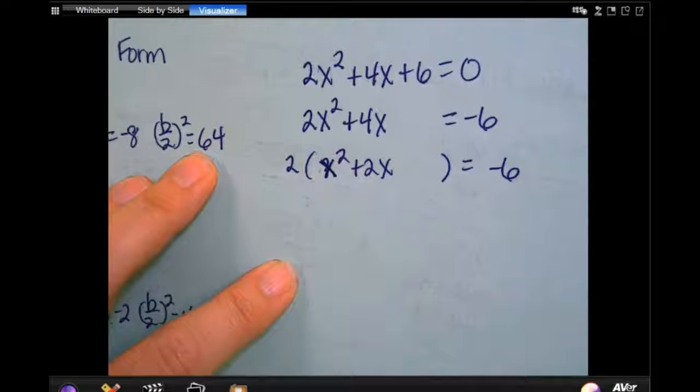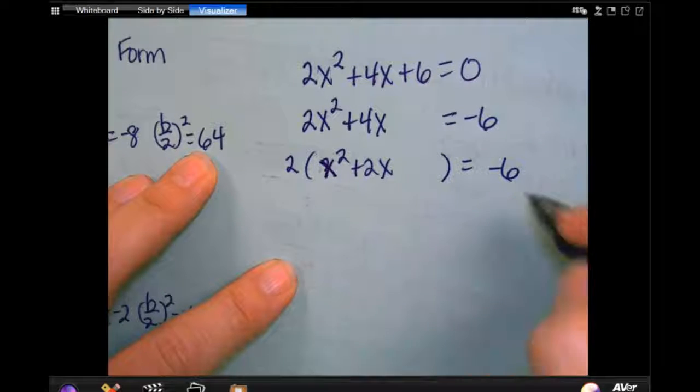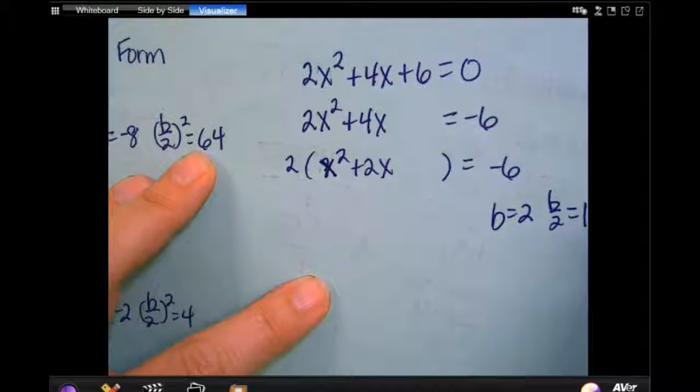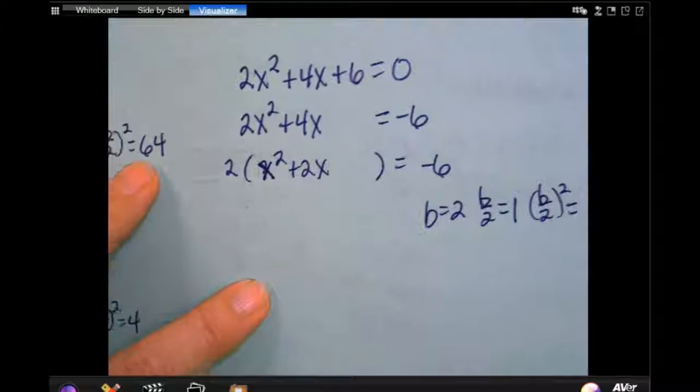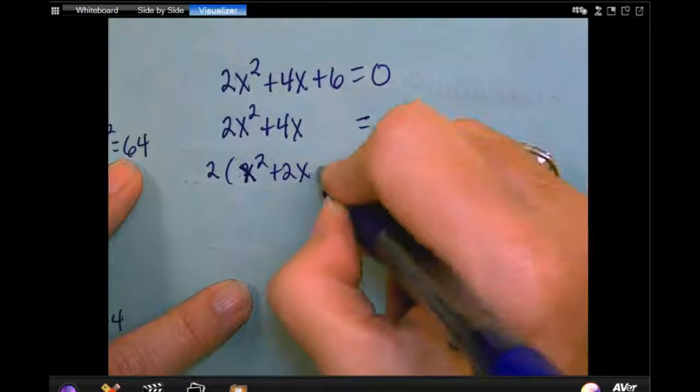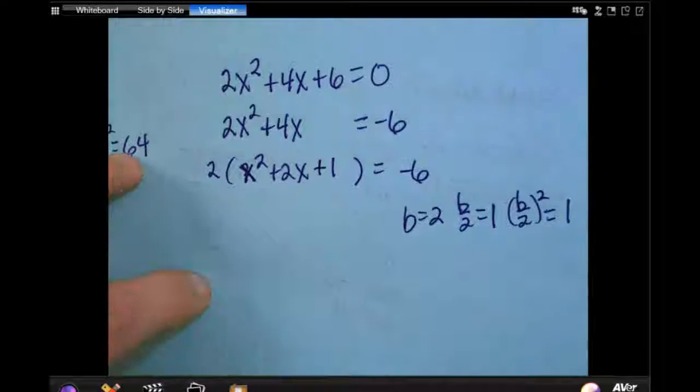So my b this time is 2. b over 2 is 1. And b over 2 squared is 1. So I put plus 1.